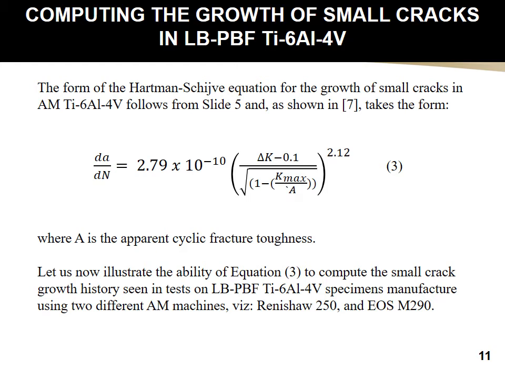Here, A is the apparent cyclic fracture toughness. We will use this equation to compute small crack growth history in two tests on additively manufactured Ti-6Al-4V specimens that were built using two different AM machines, namely Shaw 250 and EOS M290.